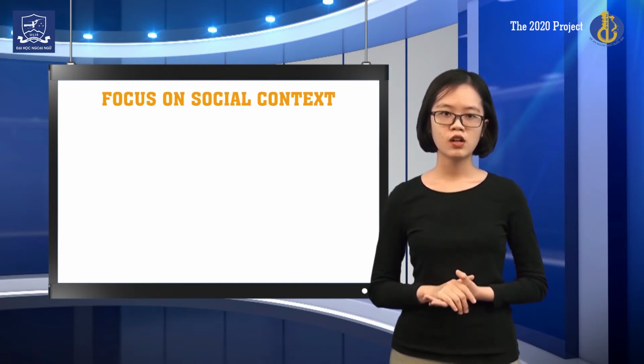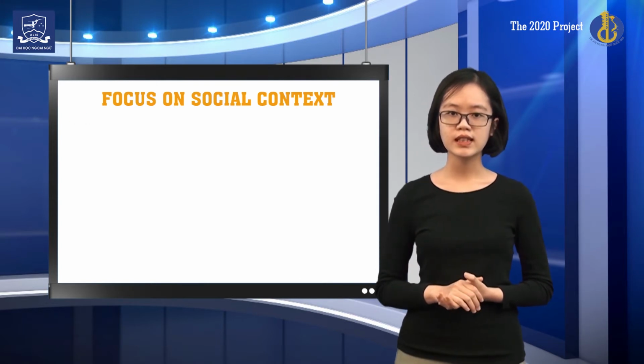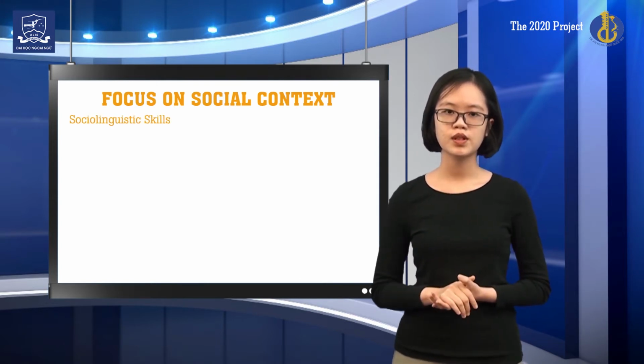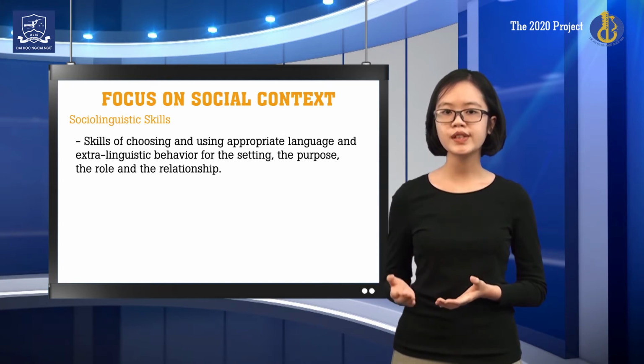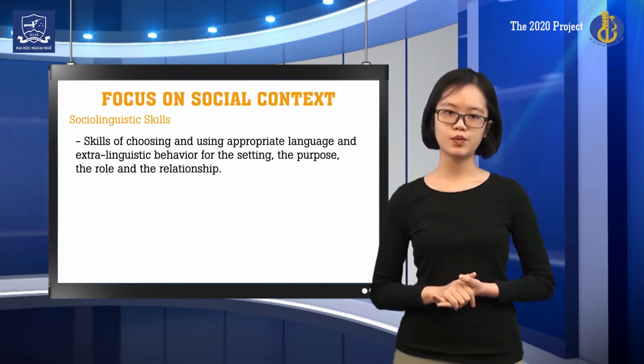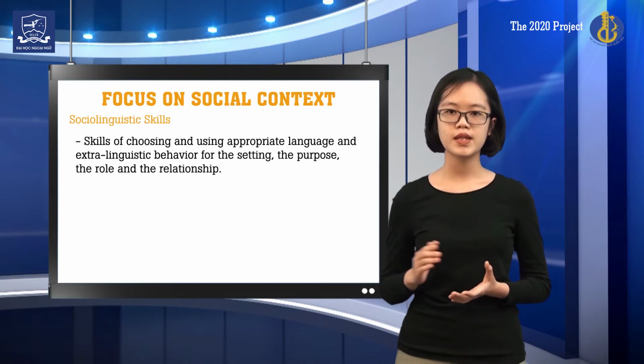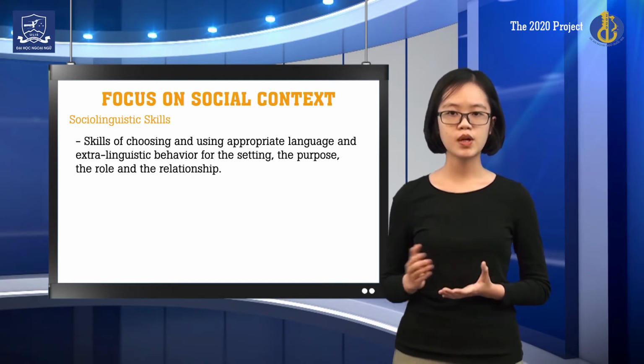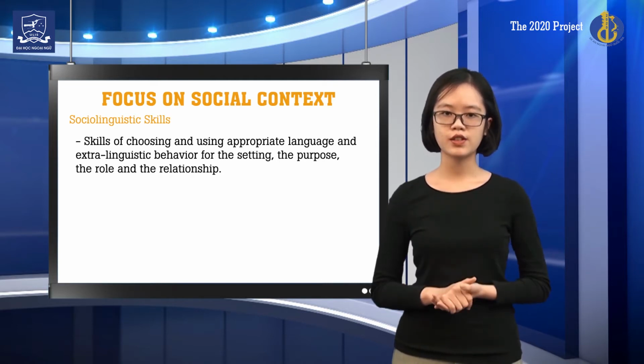Focus on social context includes, firstly, sociolinguistic skills, which are the skills of choosing and using appropriate language and extra-linguistic behavior for the setting, the purpose, the role, and the relationship.